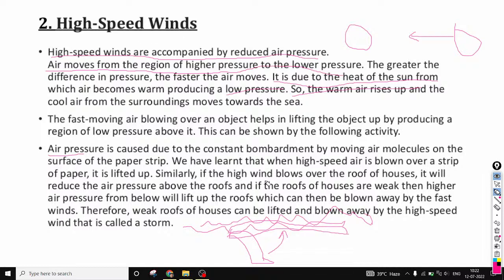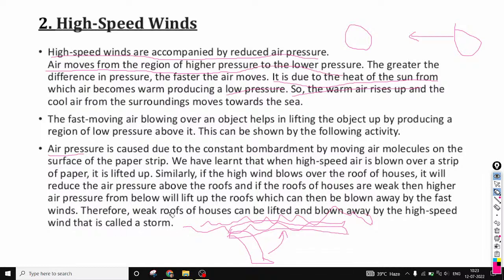Similarly, if high speed wind blows over the roof of houses, it will reduce the air pressure above the roof. The roof is weakened, and the higher air pressure from below will lift the roof, which can be blown away by the fast wind.